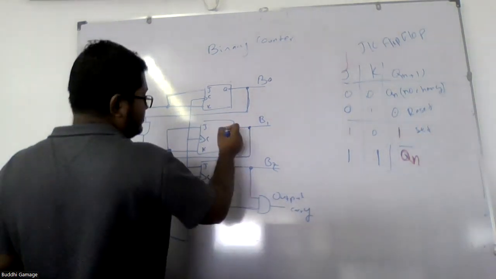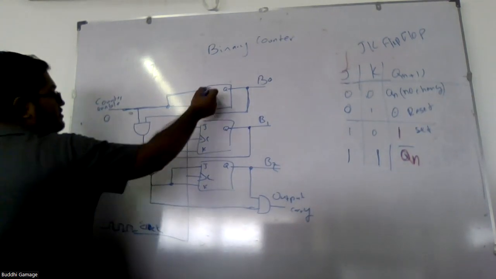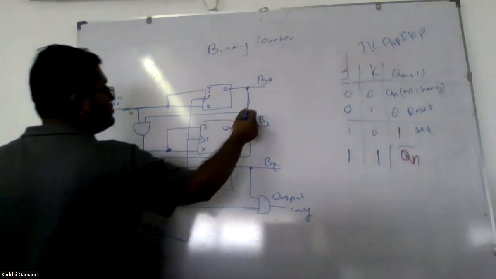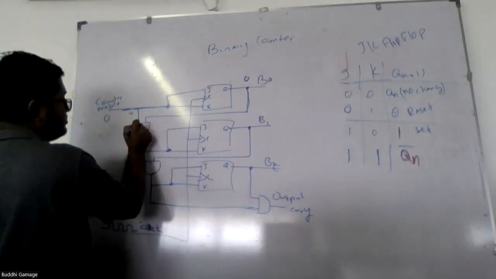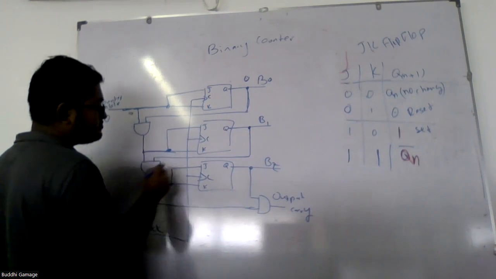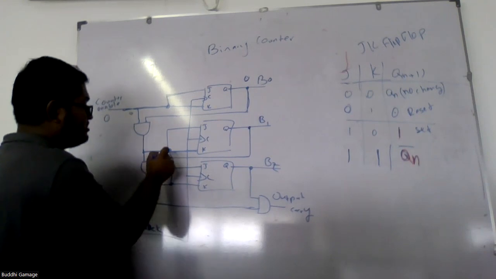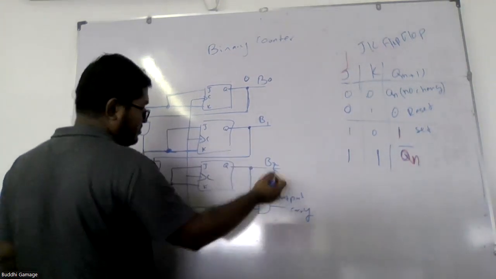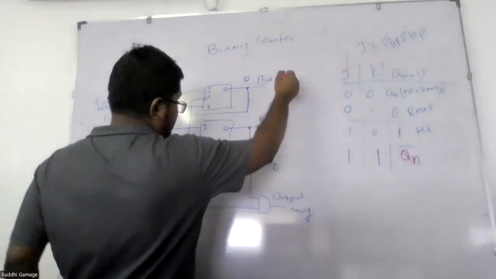So that means the value is 0, so the JK is in the 0 state, and here also it will be 0. From here, these two will also be 0, so the output of the AND gate is also 0. Since this is also 0, this J and K are also 0. So all will be zeros initially.